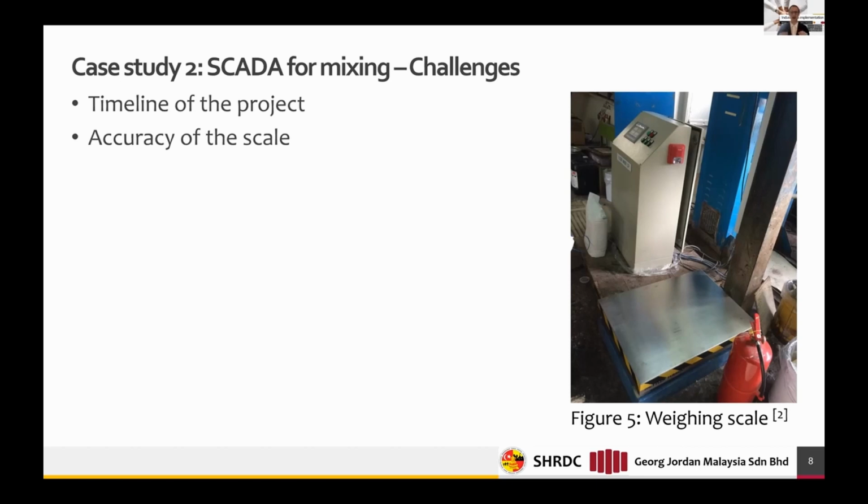We really have to have it accurate, and we told our external solution provider we have to have a very accurate scale. But our mistake was not to exactly specify what is the tolerance, and thus we got into trouble. It took us more time than expected, and we had a lot of delay in the process of implementing the project.